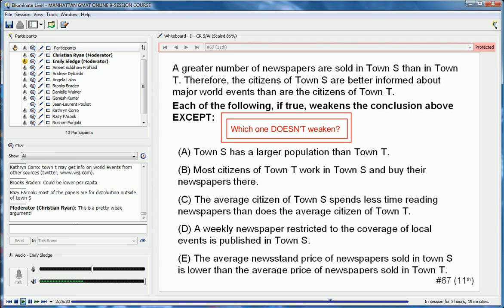I gave you guys abbreviated time on this one since we had already talked about it a little bit. I'll give you a little bit more time and remind those of you who have answers in, we're looking for the one that doesn't weaken. So you should eliminate the 4 that do.